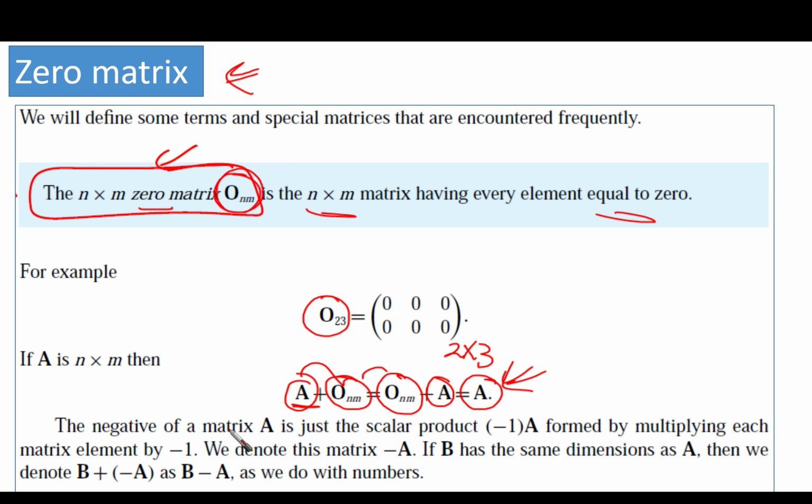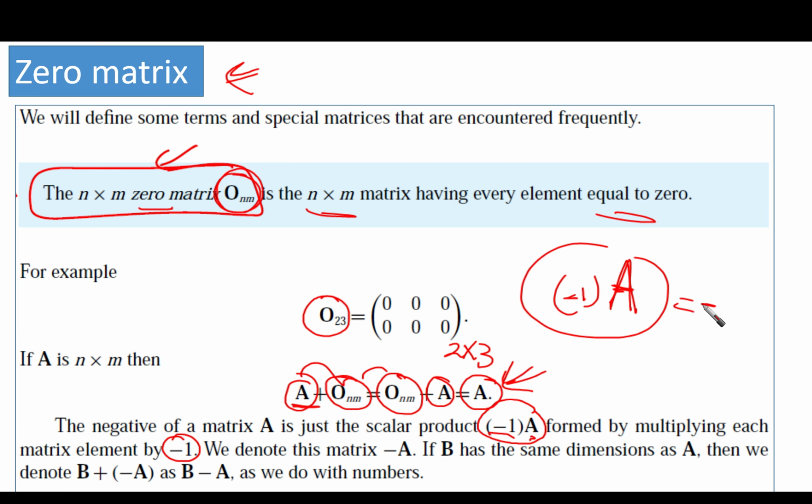The negative of a matrix A is just a scalar product, which is minus 1 times A, formed by multiplying each matrix element by minus 1. It is a scalar multiplication, as we are giving minus 1 times the matrix A. This is the meaning of minus A. We denote this matrix as minus A, as I put it here.